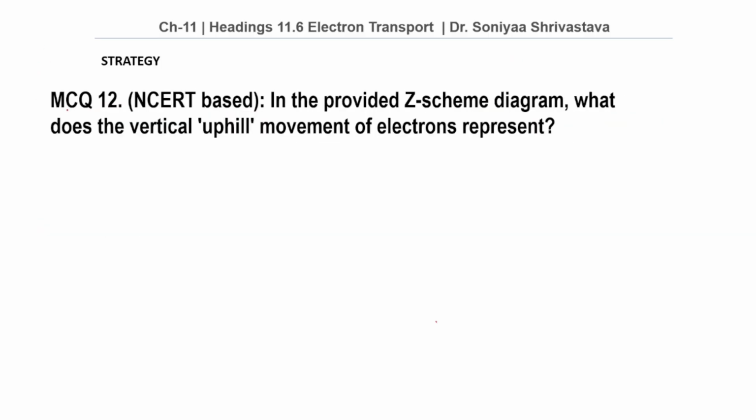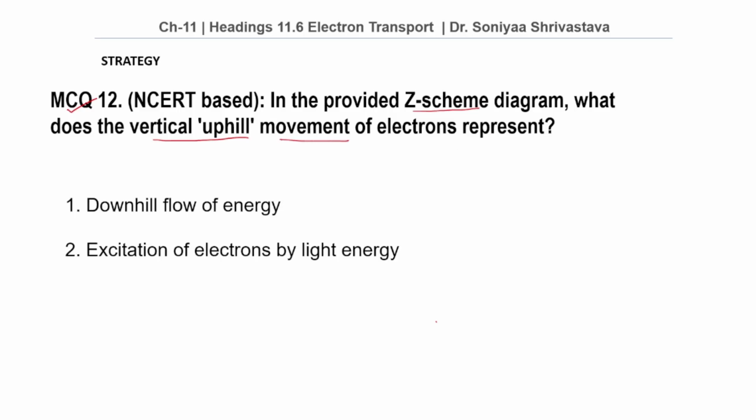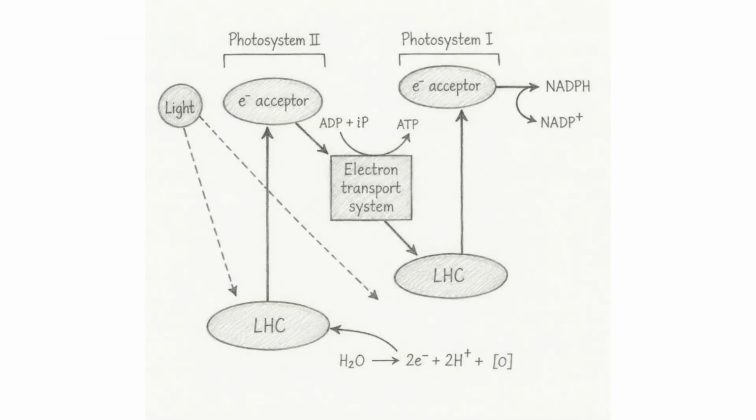Now moving on to MCQ number 12. In the provided Z scheme diagram, what does the vertical uphill movement of electrons represent? Before coming to the options, let's first see our diagram. Student, in the Z scheme, electrons do not move at the same energy level throughout their journey.